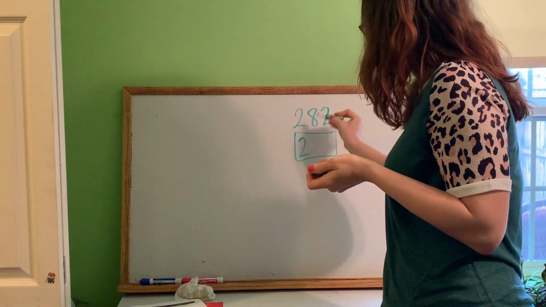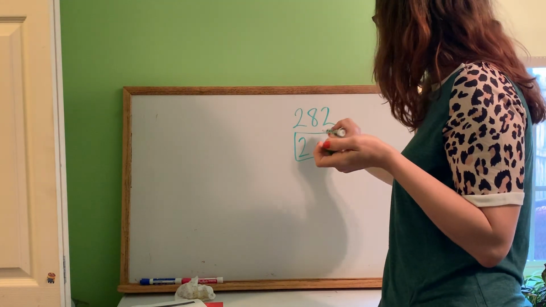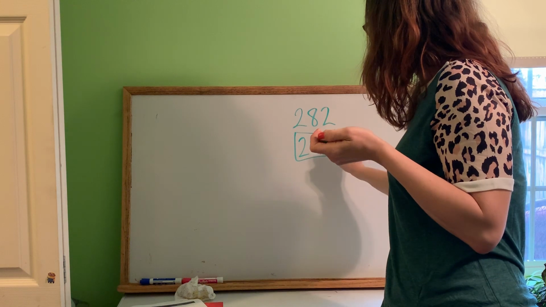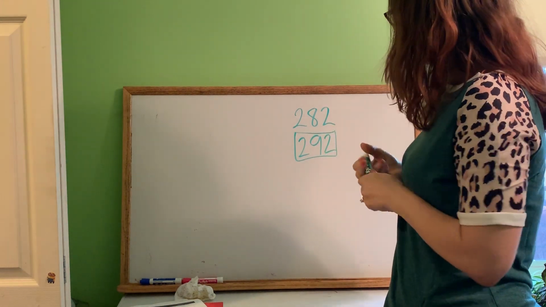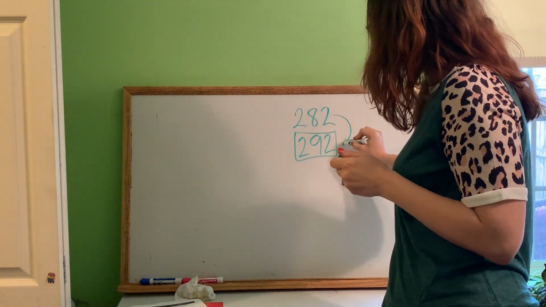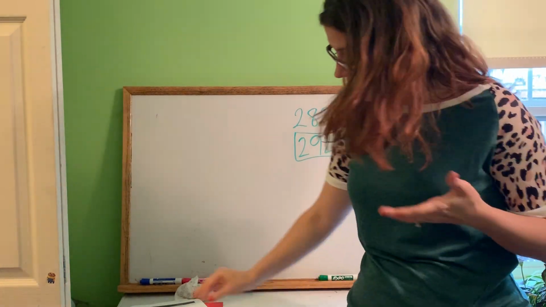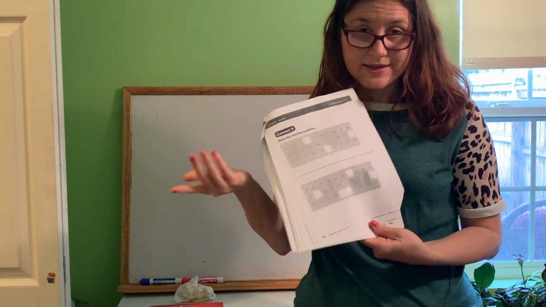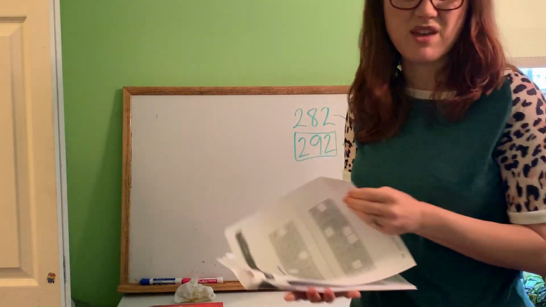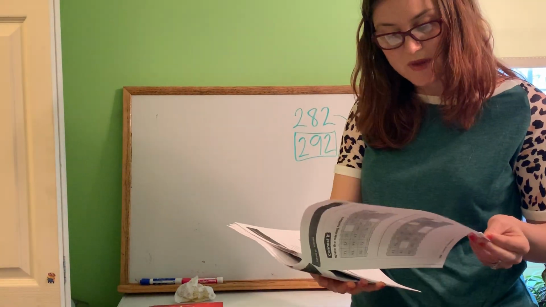If they're doing this well, they would know that it would be 292. But this isn't something that they would do until second grade. So I'm just saying you could do this as a challenge if they're breezing through this. That would be a way to make it a little bit more challenging.